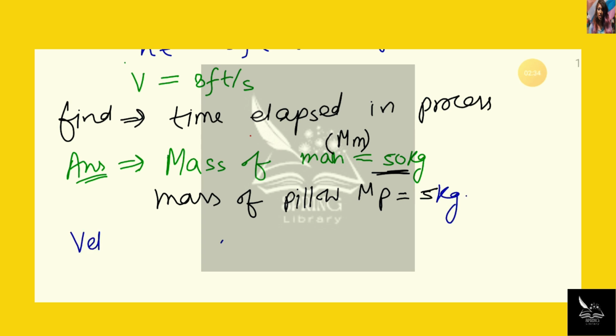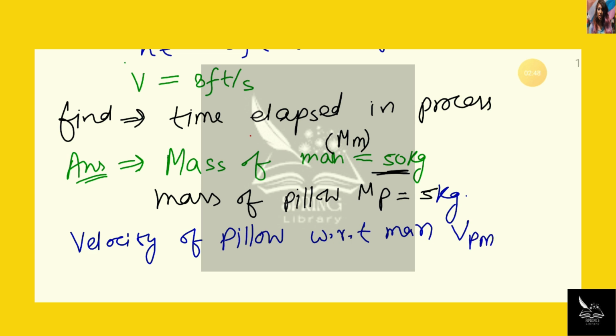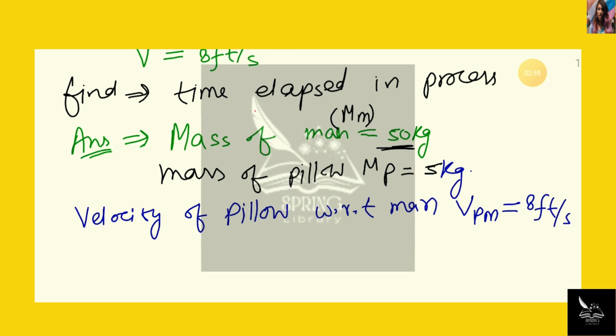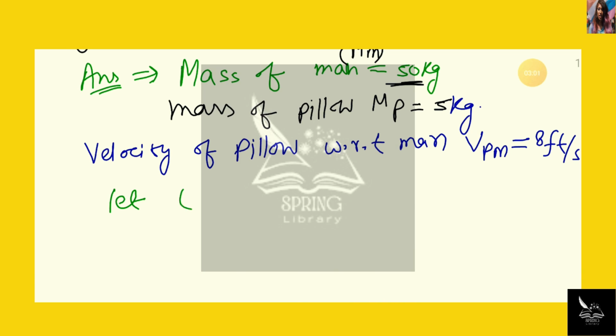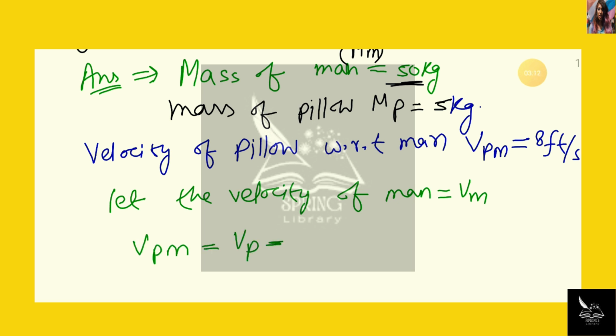Now I can say that the velocity of the pillow with respect to the man is written as vpm equal to 8 feet per second. Now consider that the velocity of the man is vm, so I can say that vpm will be equal to vp plus vm.